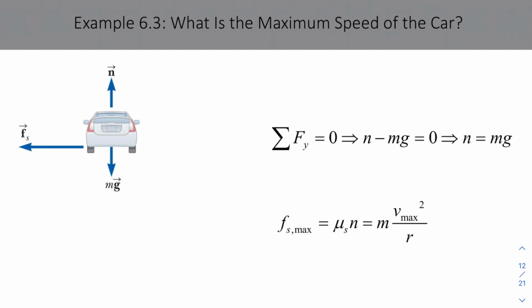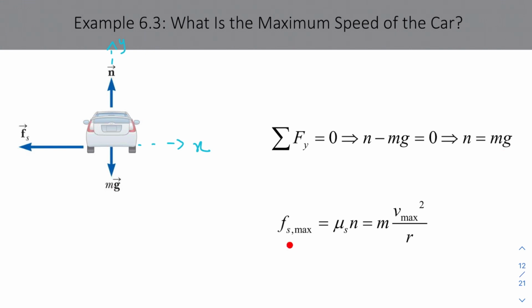Why is it 0? Because as usual, this is our setting of reference axis. So we have normal plus negative mg equal to 0, because there is no movement along y. From here, normal is equal to mg, right?